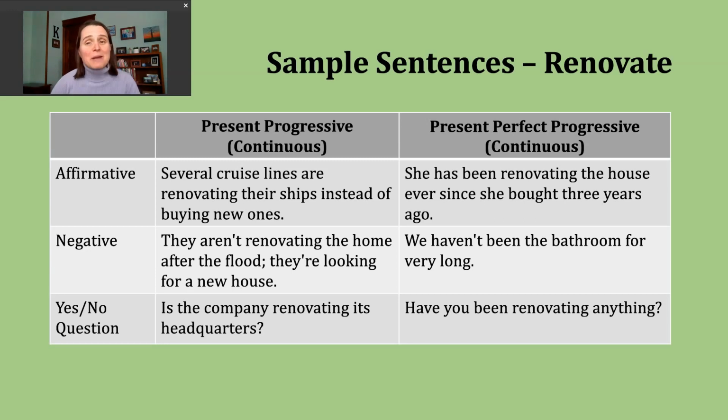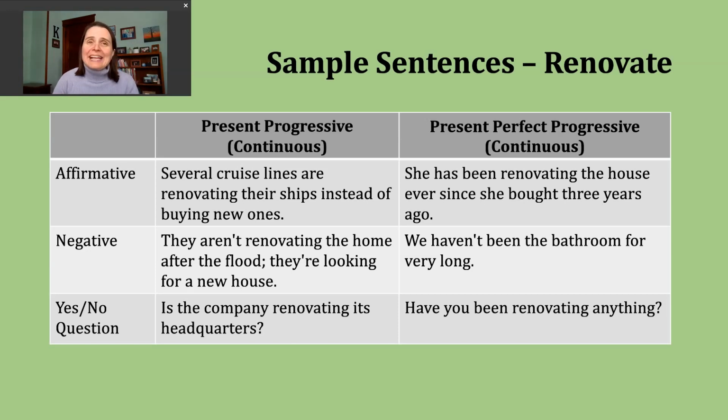Now, sometimes as people are speaking or writing, they'll make the contraction. So for have not, it's haven't. For has not, it's hasn't. Here's an example sentence. We haven't been renovating the bathroom for very long. So here, someone is trying to stress this process has not been ongoing for that long of a time.